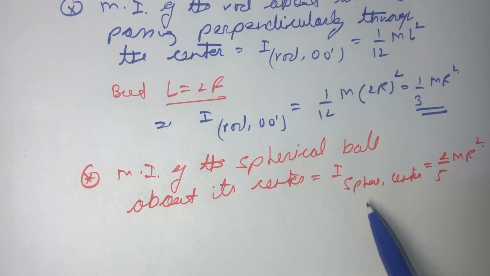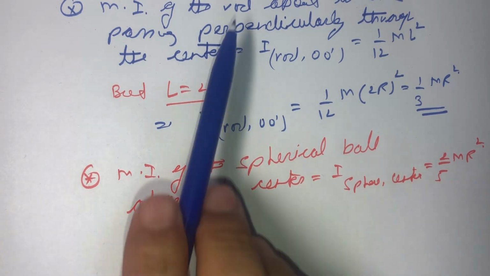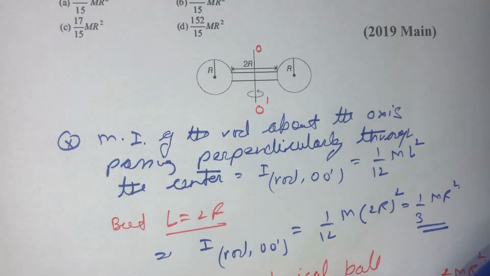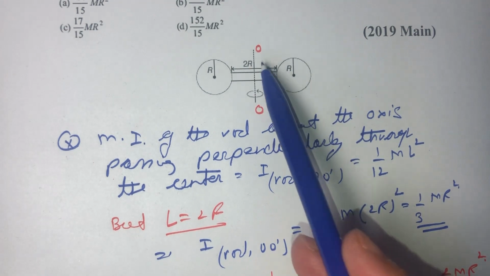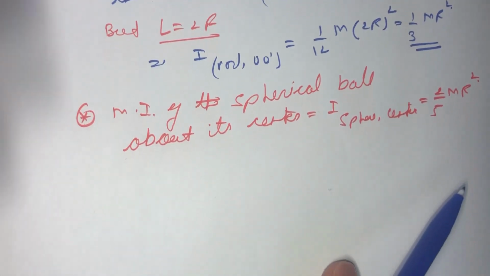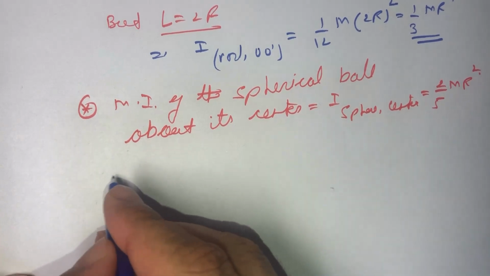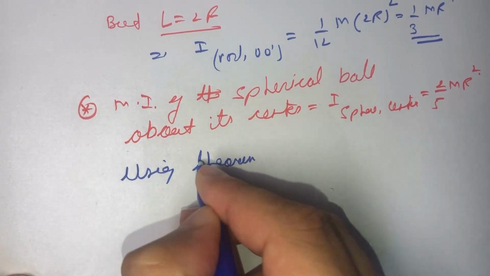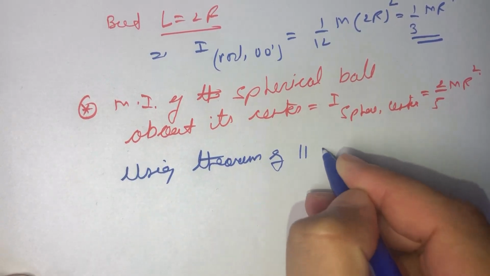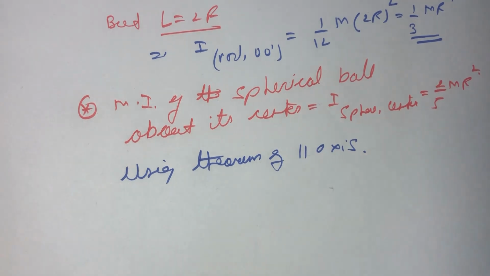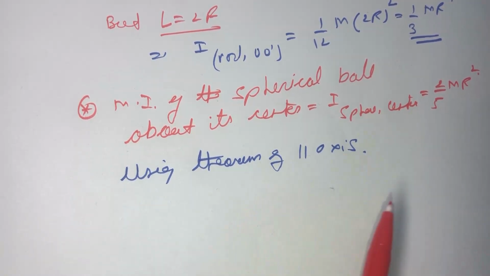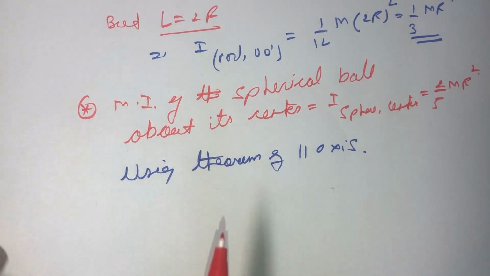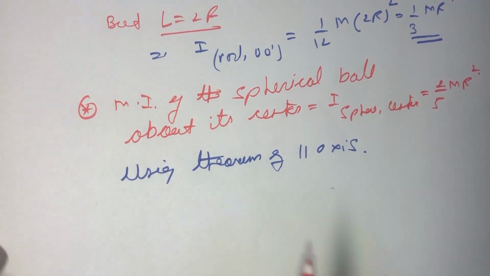Now we are going to use theorem of parallel axis and find the moment of inertia of the spherical ball with respect to OO prime. Using theorem of parallel axis, first of all we are going to find out what will be the distance between the center of the rod and the center of the sphere.